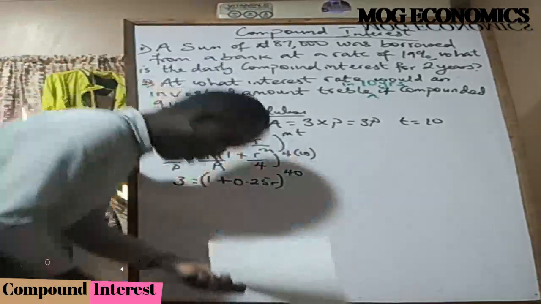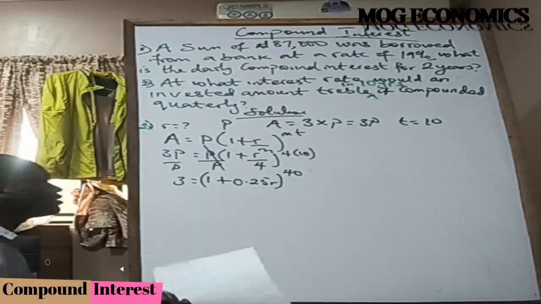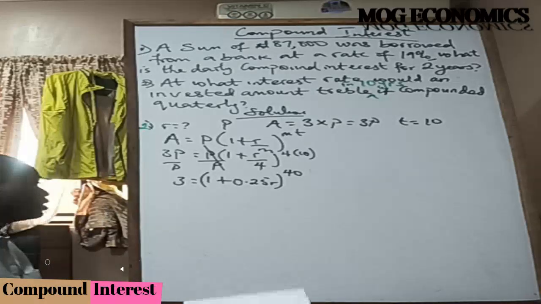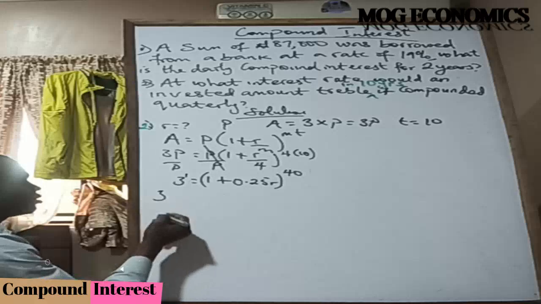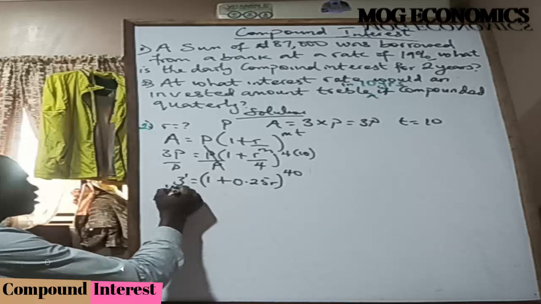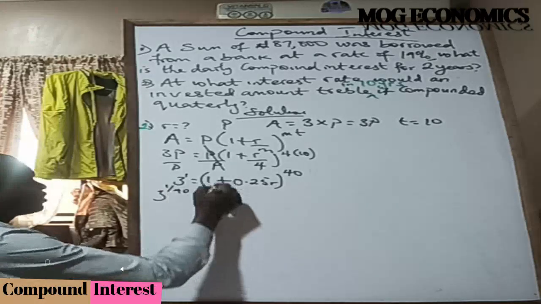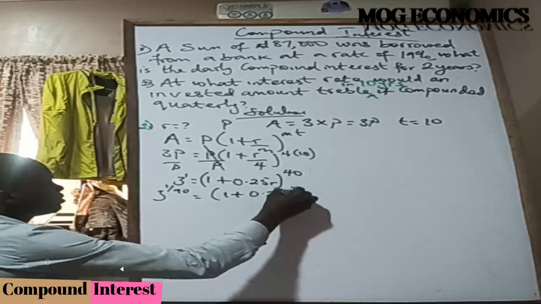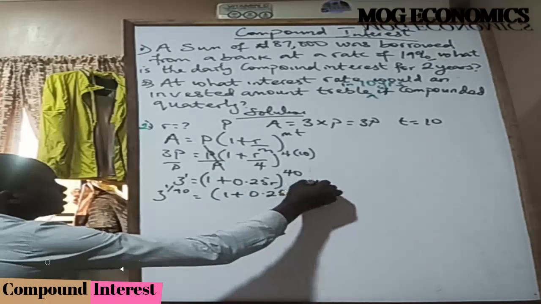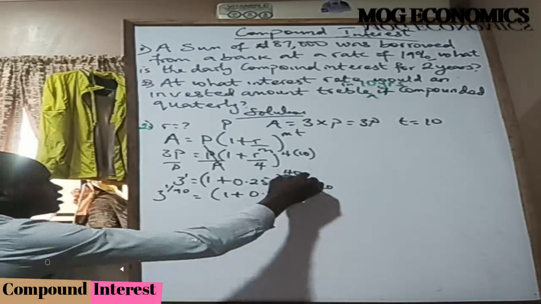You have to be careful if you are not that good in mathematics. What we have here normally is 3 raised to power 1 over 40 equals 1 plus 0.25r, everything raised to 40, divided by 40. So take this power out.